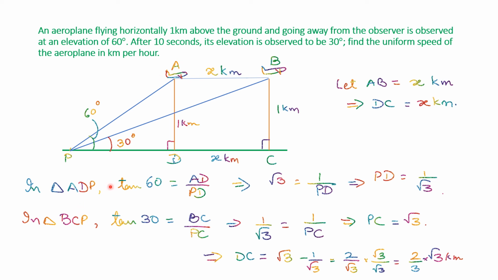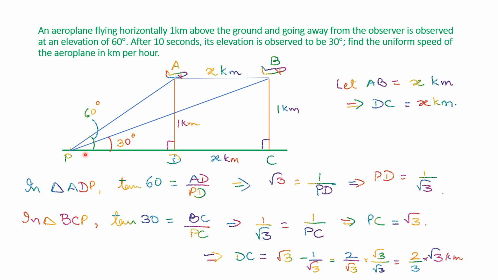So let's go to the triangles. You have two right angle triangles over here, this one and this one. First one, in triangle ADP, tan 60 is equal to AD divided by PD. So that is root 3 is equal to 1 upon PD, which implies my PD distance is equal to 1 by root 3. I'm leaving it here.